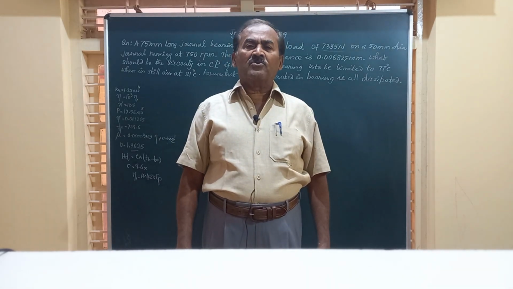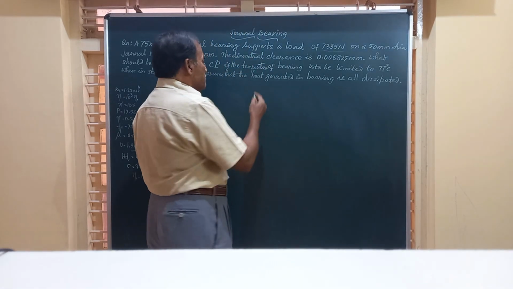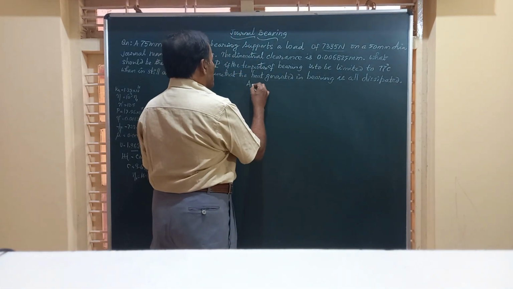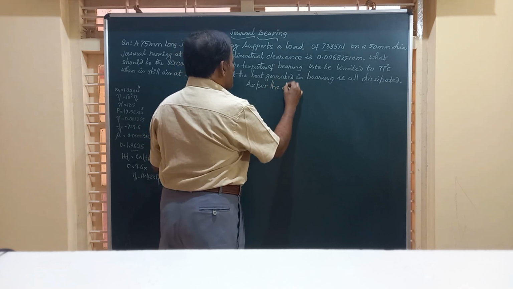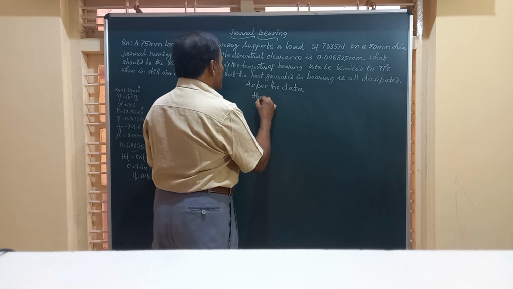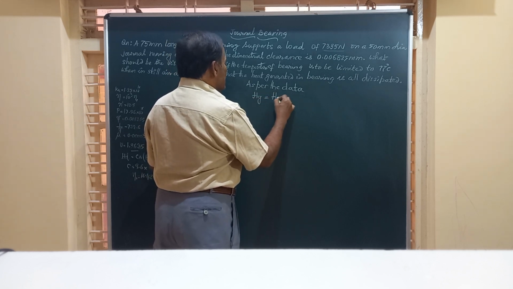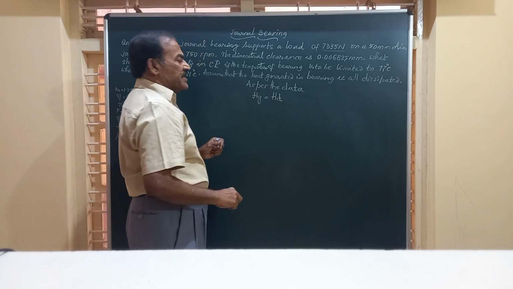That is, in other words, Hg is equal to Hd. So as per the problem, as per the data, we have Hg is equal to Hd. Hg is the heat generated and Hd is the heat dissipated.